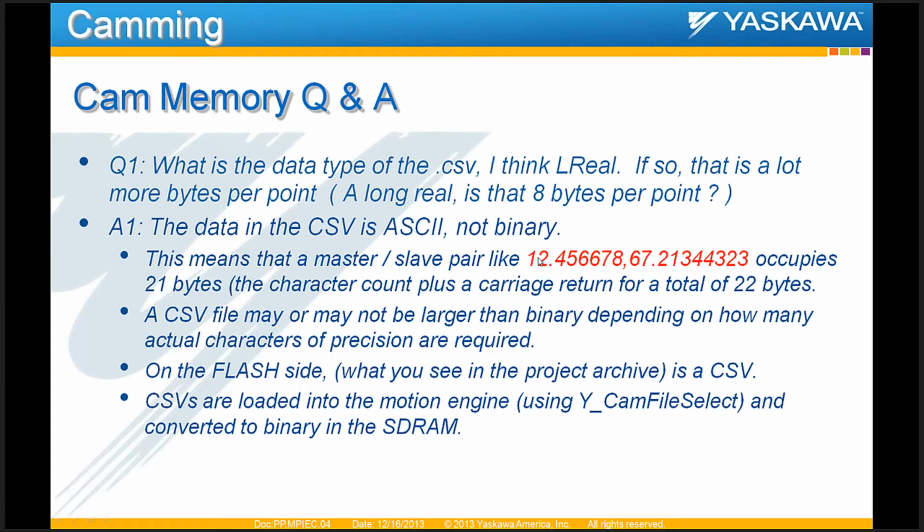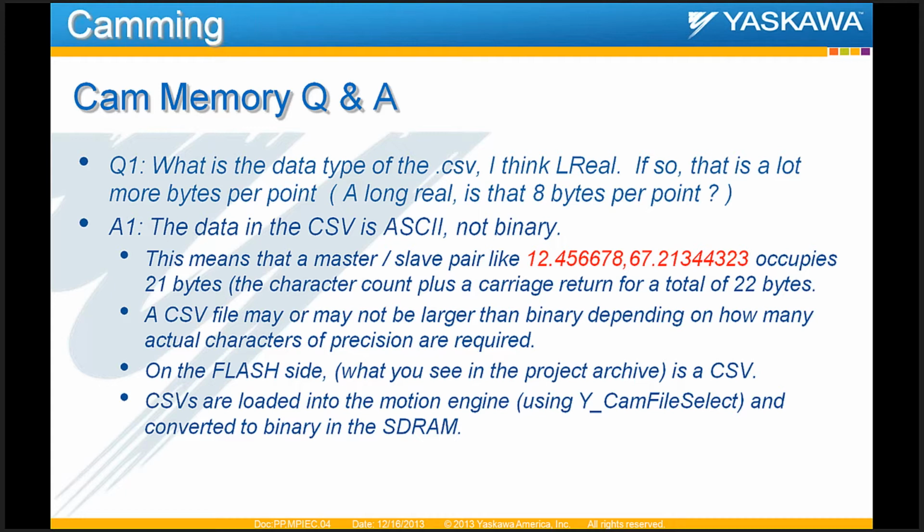So if we count all the red characters, including the comma, that's 21 bytes. And you can add to that some kind of line delimiter, such as a carriage return. So each cam point will have 22 bytes in that file. And we can do some other math from that point to determine how many bytes that cam table will take in Flash.